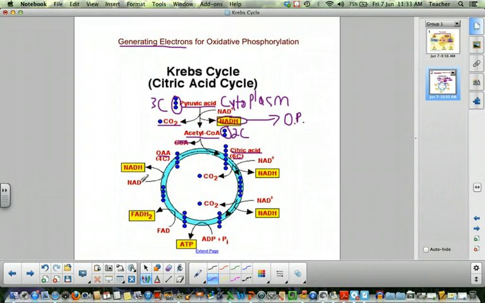And notice that some of them aren't even written down here because they're not overly important for our intents and purposes. Okay. Citric acid is then converted into another compound. In that process, notice it's going from a 6-carbon compound to a 5-carbon compound right here. And in that process, we generate another CO2 molecule and some more NADH.